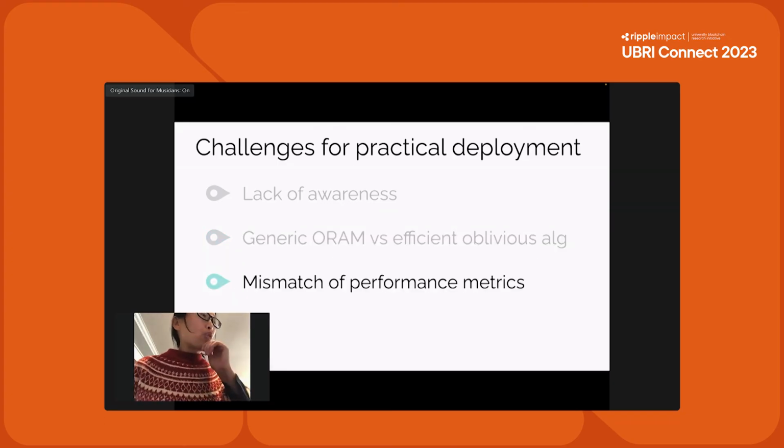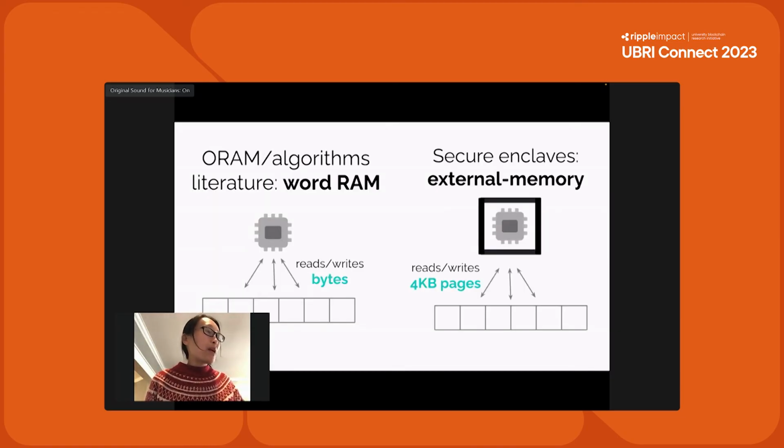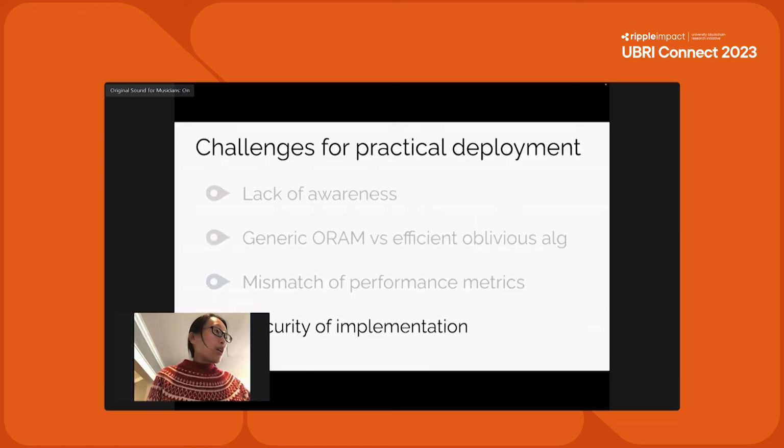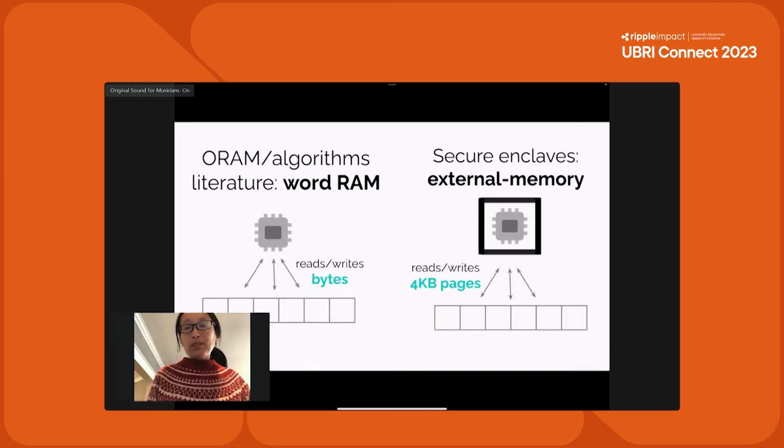Oftentimes there's a mismatch between the performance metrics you encounter in practice and the performance metrics written in these algorithmic papers. One example is if you implement them in SGX. Most of the ORAM papers have a single performance metric, and they don't differentiate between the computation cost and the cost of memory reads and writes.